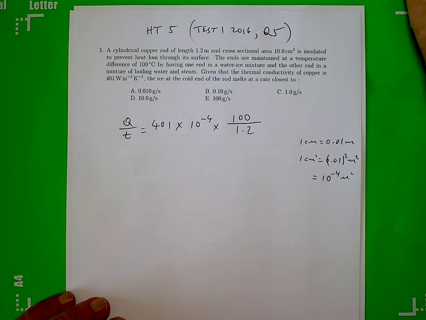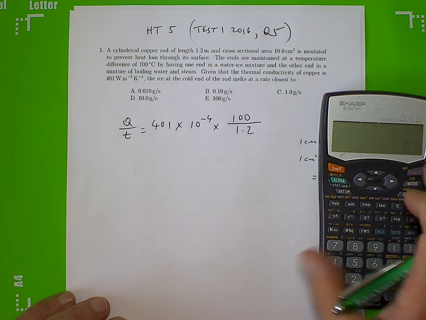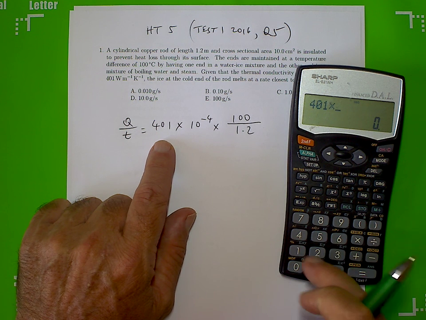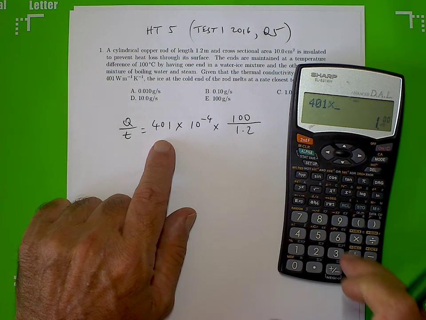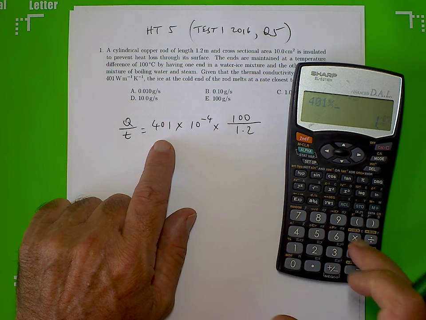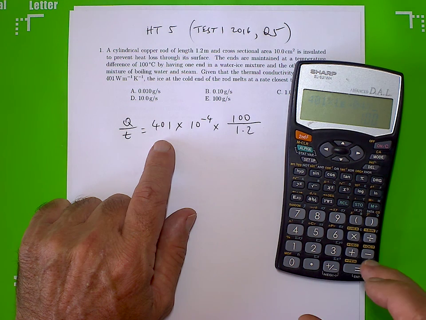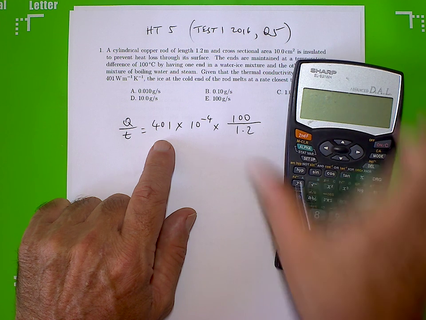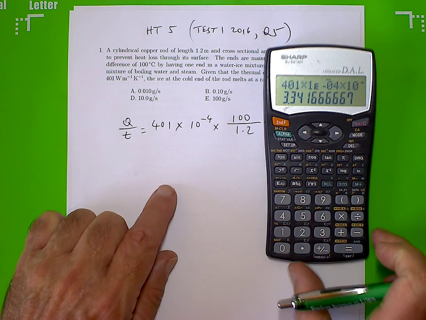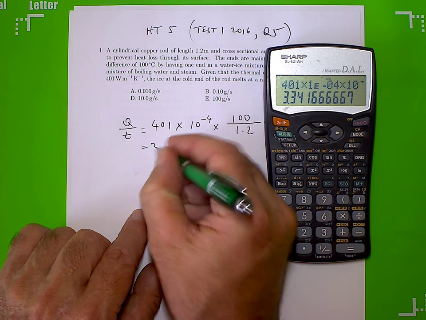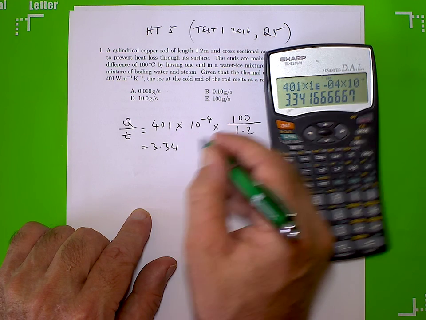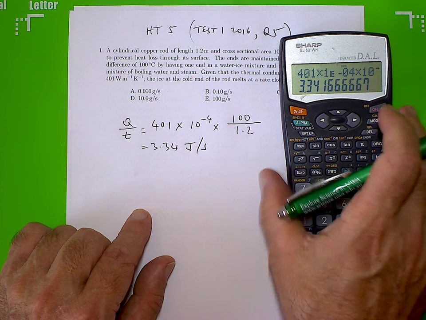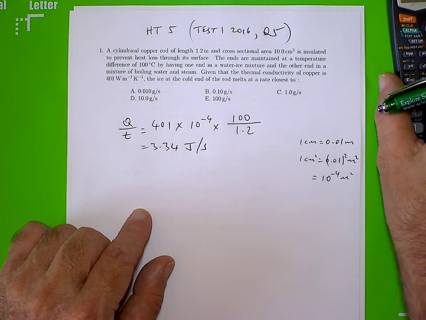So let's do a calculation. 401 times 10 to the minus 4 times 100 divided by 1.2 equals, okay, I get 3.34 joules per second.